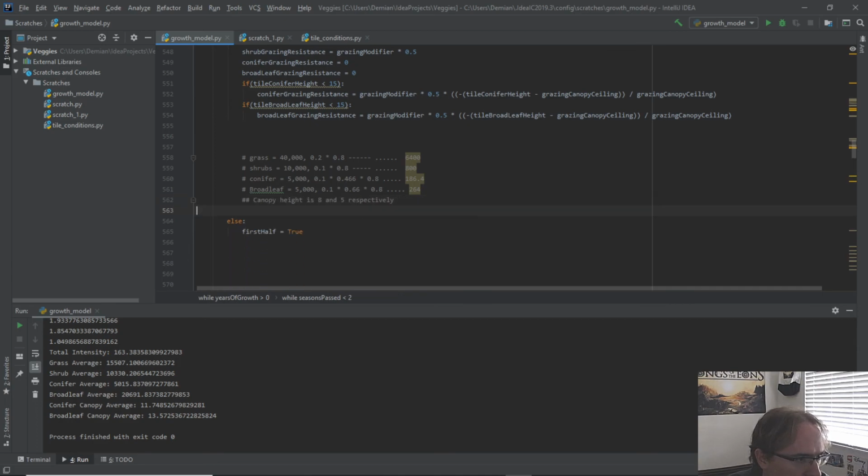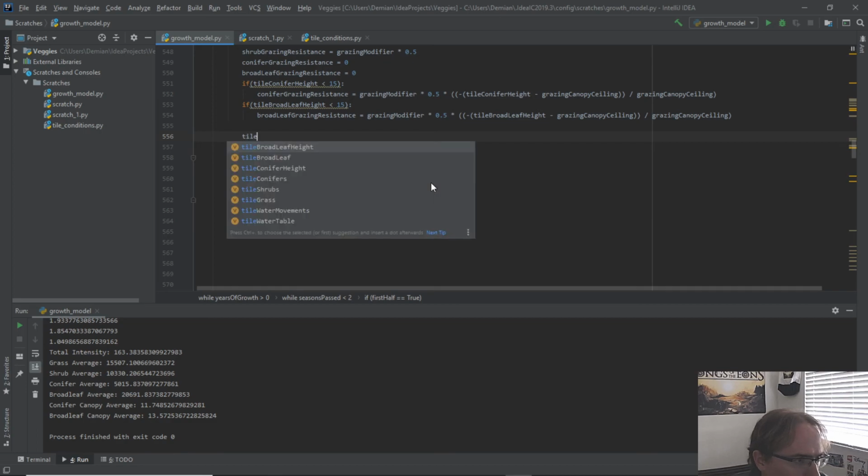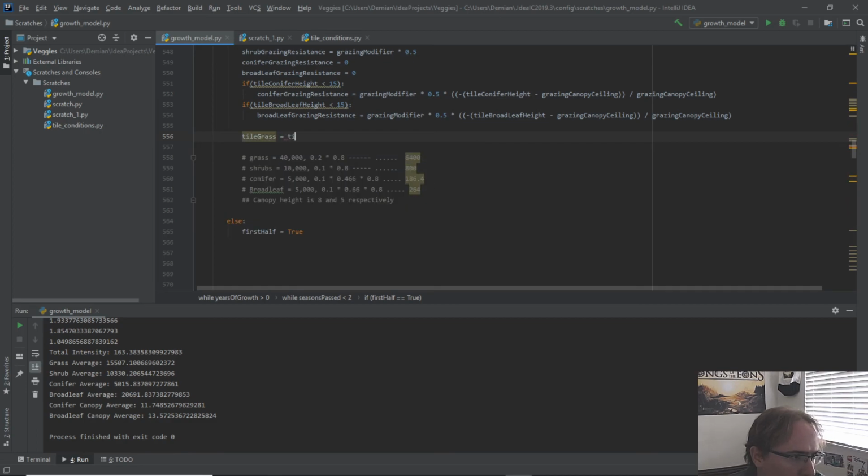So now we can actually calculate casualties. Tile grass is going to equal tile grass minus tile grass.